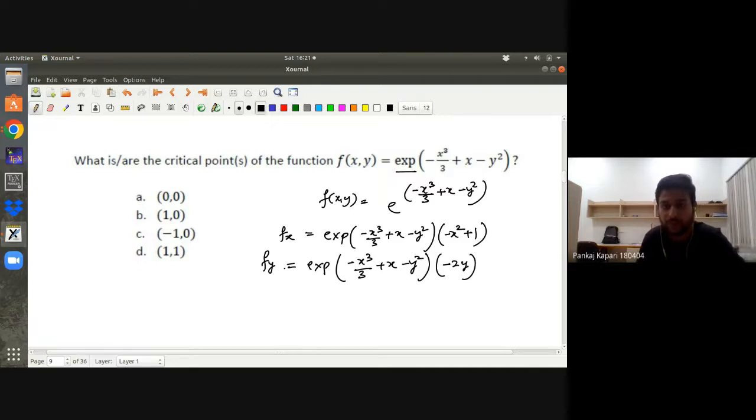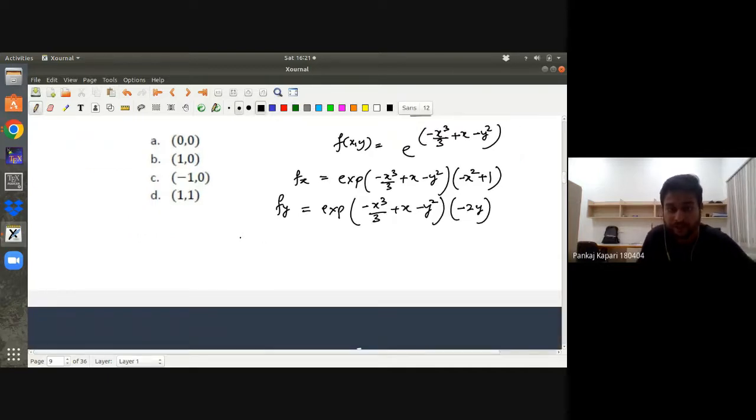Now notice that fy becomes 0 if and only if y is 0. Why? Because the exponential function is always positive for every x, whatever the value of x is. So fy becomes 0 at y equal to 0.